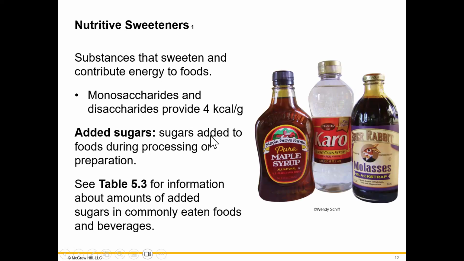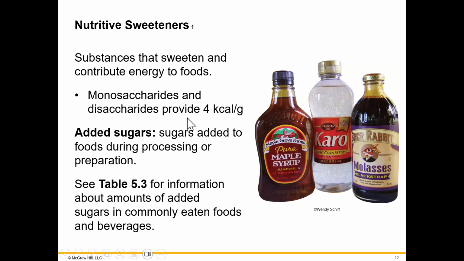You also have what's called nutritive sweeteners, and that term nutritive simply means that they have calories or they have energy. So when we look at calories in, we understand that your nutritive sweeteners, your monosaccharides and your disaccharides, do have energy, and we quantify that energy through kilocalories.